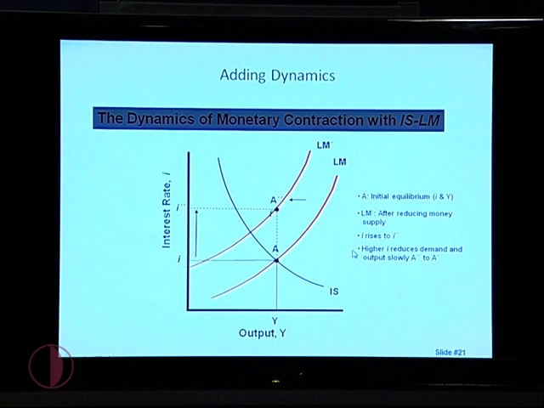Higher interest rate reduces demand and output slowly, to A prime. Equilibrium is restored at A prime, Y prime.